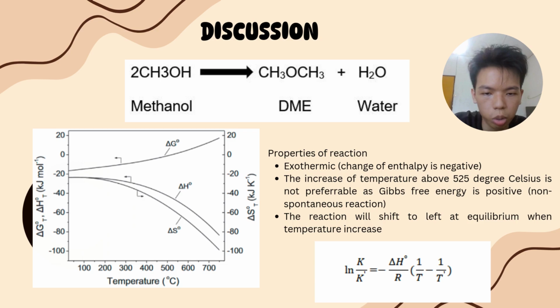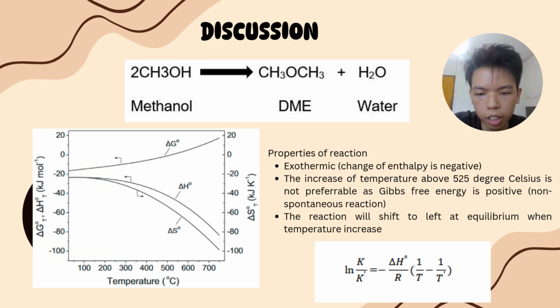Next, let us move on to the properties of the reaction. Since this is an exothermic reaction, the change of the enthalpy is always negative. We can see from the graph on the left hand side here. This graph shows the change of the Gibbs energy, the enthalpy and the entropy when varying the temperature.